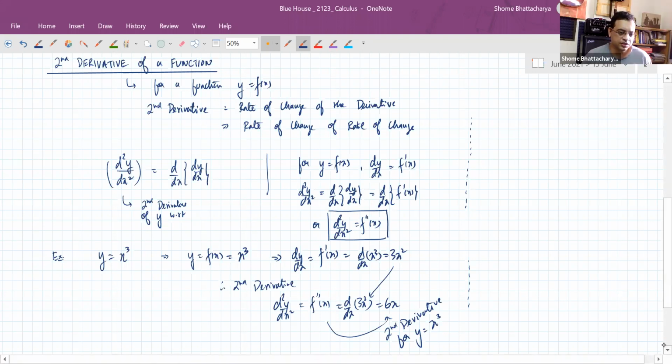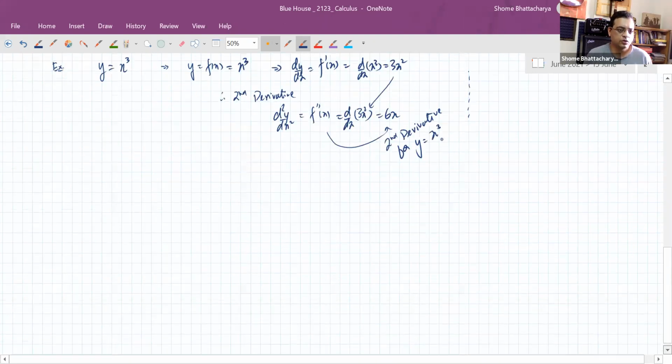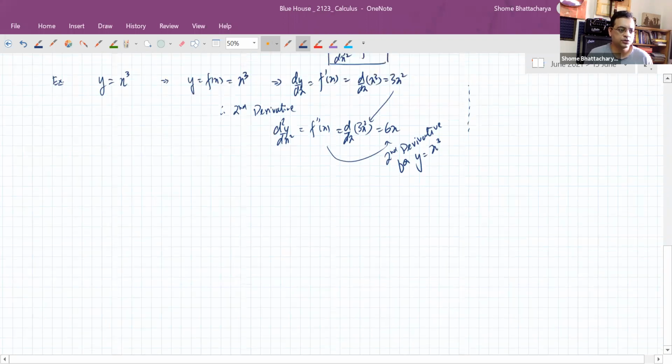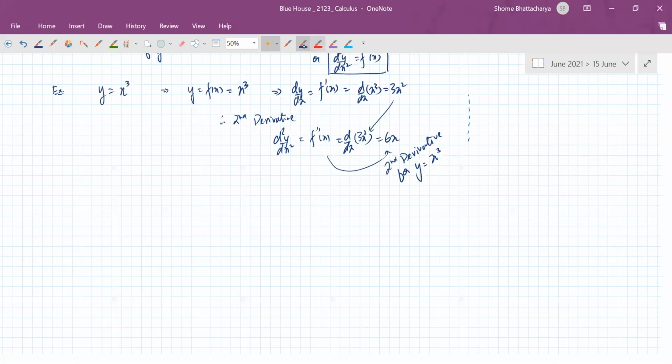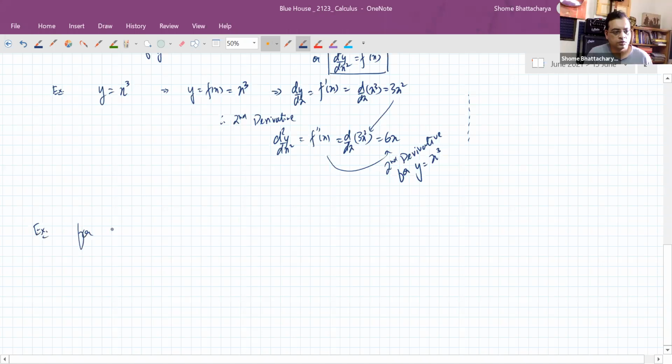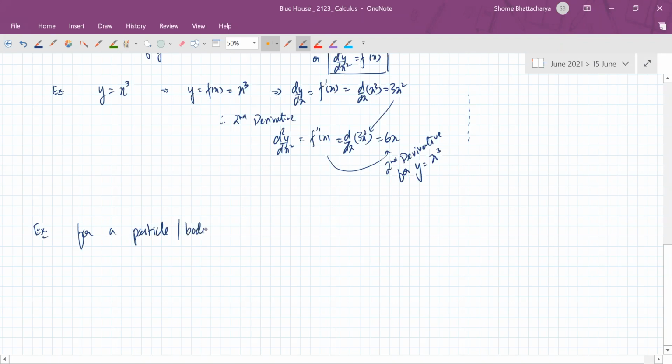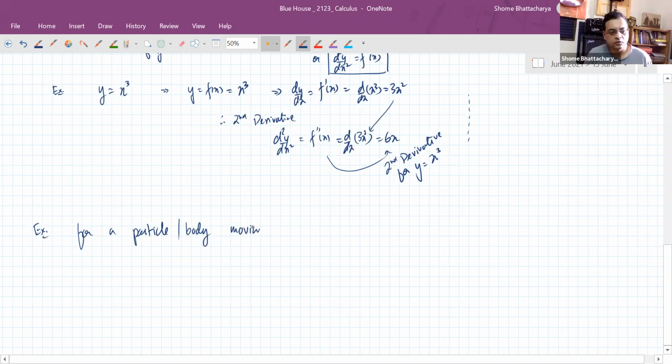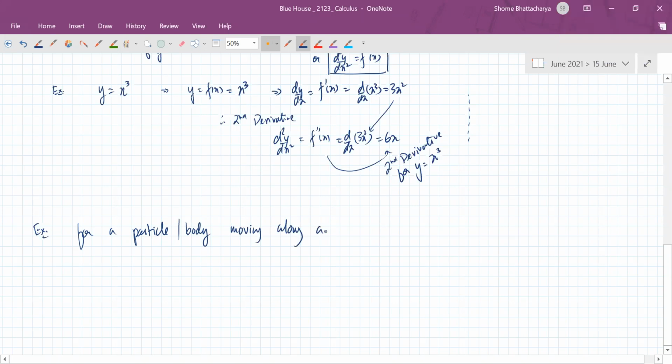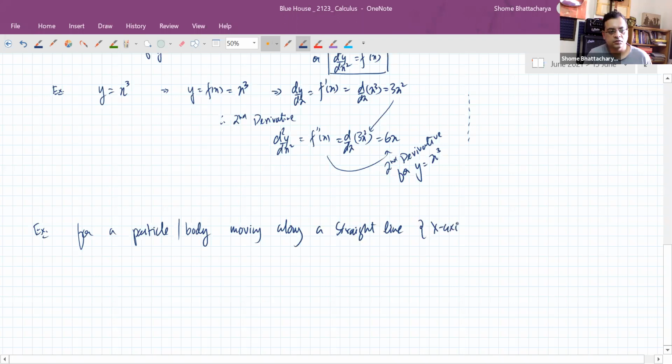Okay, so as I was telling you, in kinematics, if you're talking about one-dimensional or straight line motion, you have a direct application of that for a particle or a body moving along a straight line, let's say the x-axis.